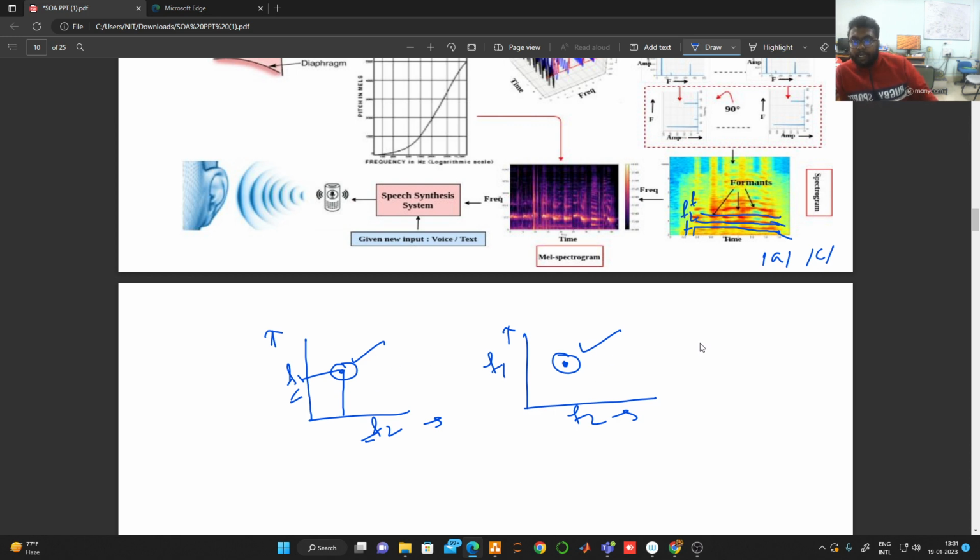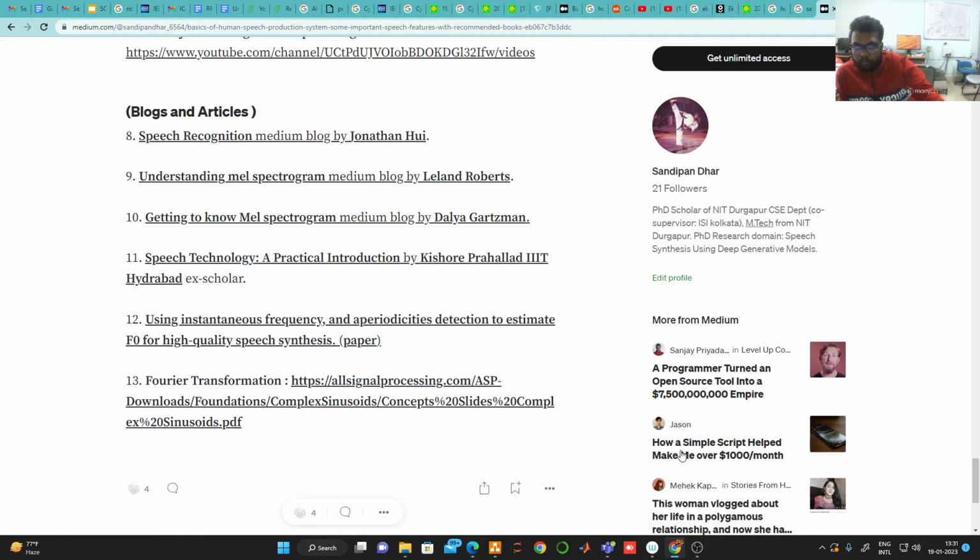Based on that, there is something called the IPA, the International Phonetic Alphabet, a whole representation of the different phonetic sounds uttered by humans, for visualization. I will show you how the IPA looks.